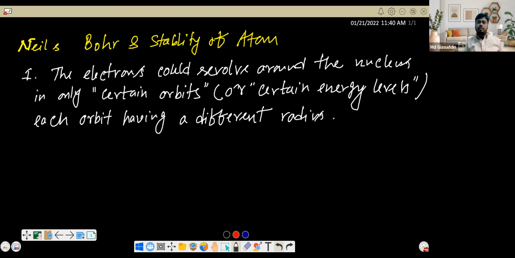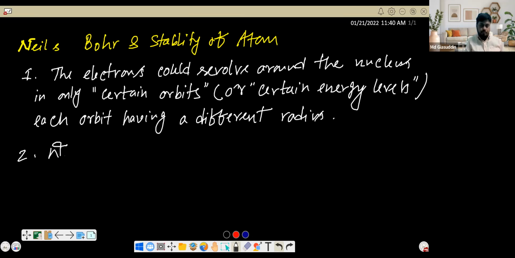So the electrons in each orbit have a characteristic amount of energy. The electrons which are in orbits close to the nucleus have low energy, while those in orbits far away have higher energy.